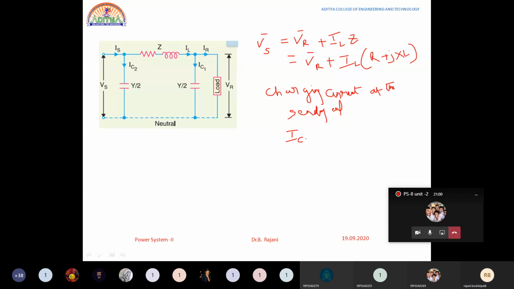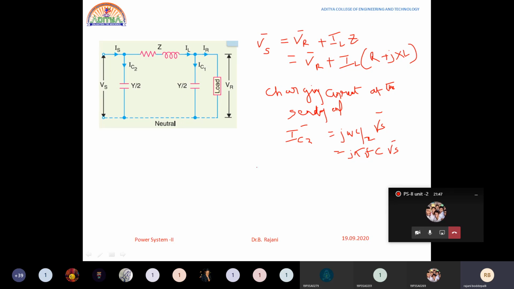IC2 bar is equal to j into omega C by 2 into Vs bar. On simplification, if you substitute omega is equal to 2 pi F, the 2 gets cancelled, and you will be left with j into pi F C into Vs bar.